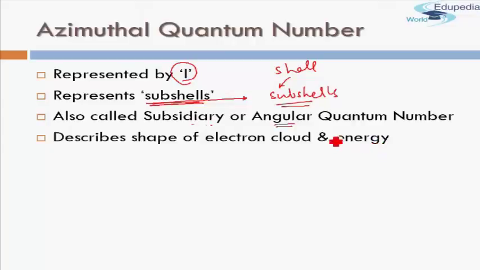So in the Bohr model you just talked about spherical orbits. But now we know that the electron is not present at a precise location. The electron is present in a 3D region around the nucleus, and that 3D region only gives us the probability of finding the electron.